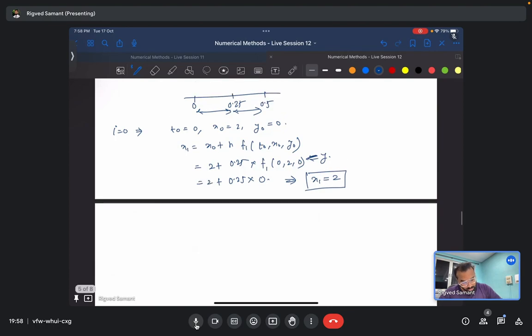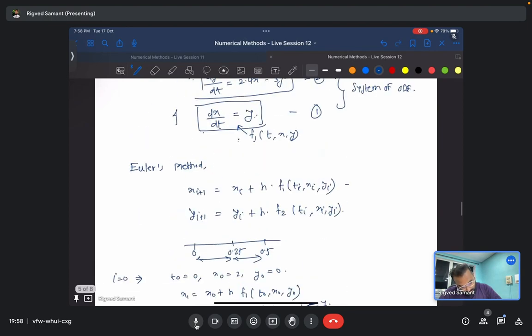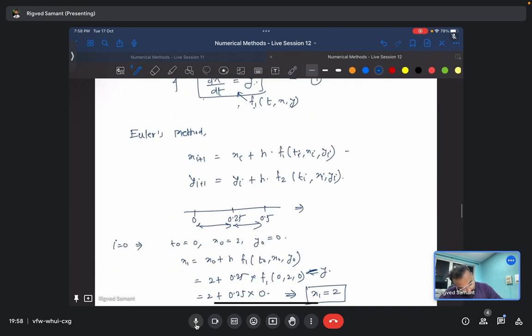So what is x1? x0 is x at t0, and x1 is x at t0 plus h, that is x of 0.25.